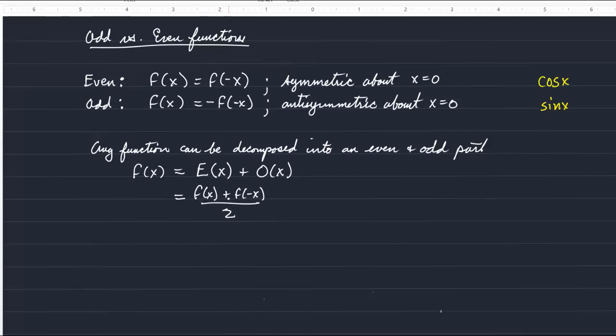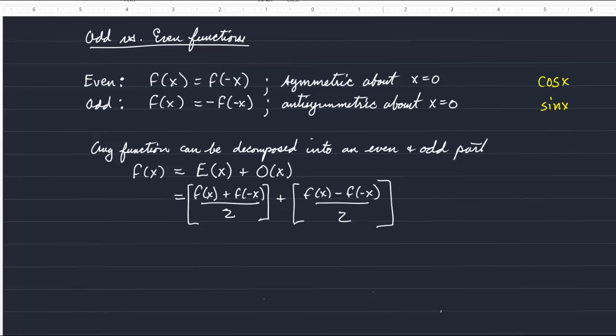So it's the mean of f of x and f of minus x. That's the even part. And the odd part is f of x minus f of minus x over 2.